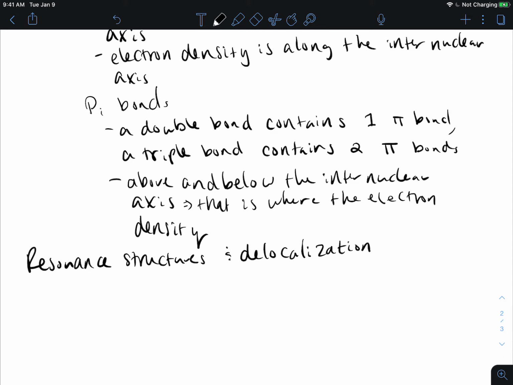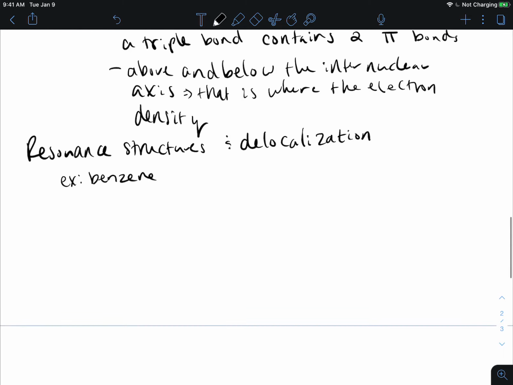So if we think about something like benzene, when we write benzene, we draw it like this, where we have alternating single and double bonds.